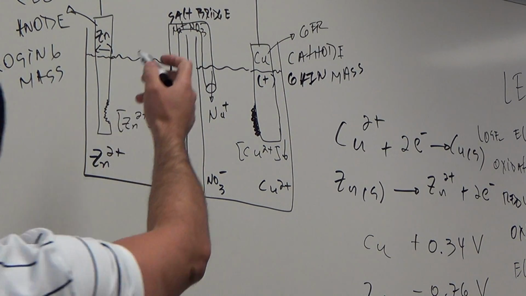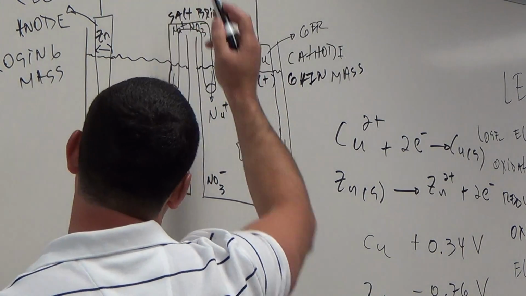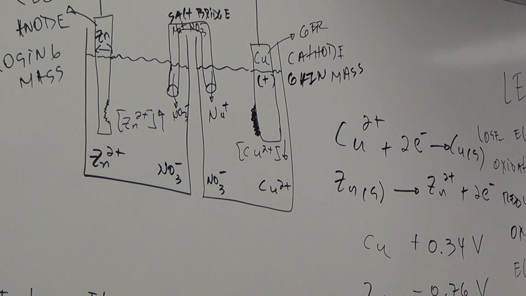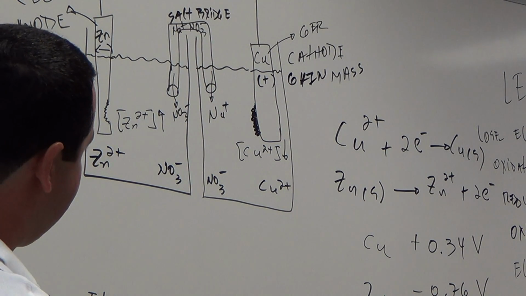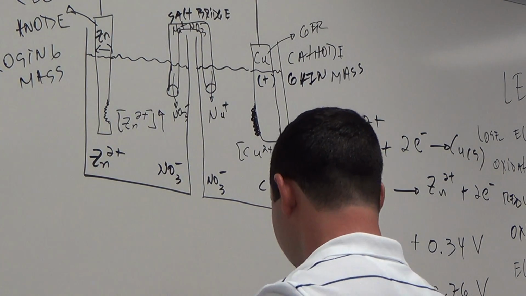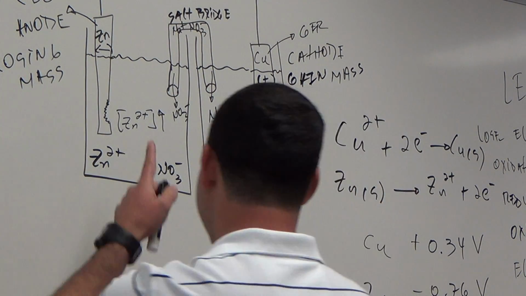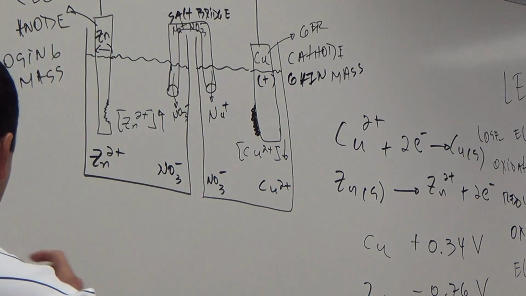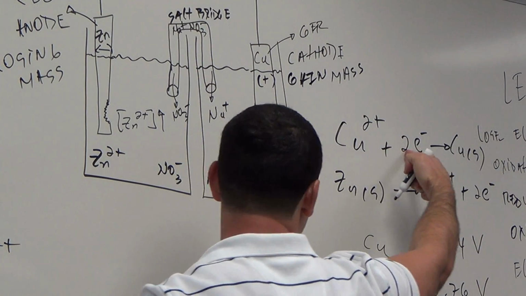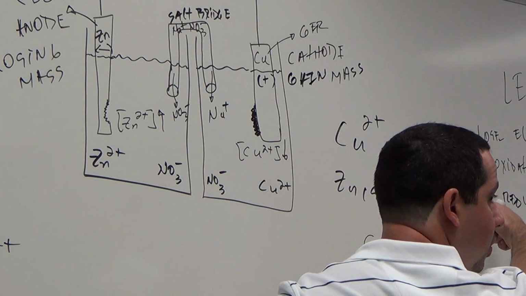And then if you put a light bulb here, it will light up, or it will have that type of voltage or energy that you can use to power things. Yes or no? Let's do the equation for this. The equation for that cell will be copper 2 plus, the 2 electrons cancel with the 2 electrons, yes or no?